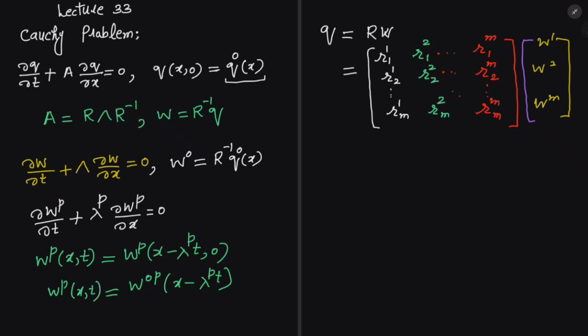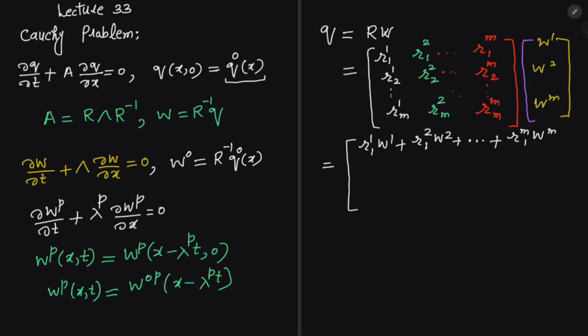Okay. What we do, we multiply these together. When we multiply, you know that this row will be multiplied with this column vector. We get R11 w1 plus R21 w2 plus up to Rm1 wm.